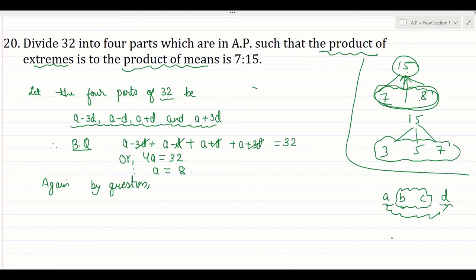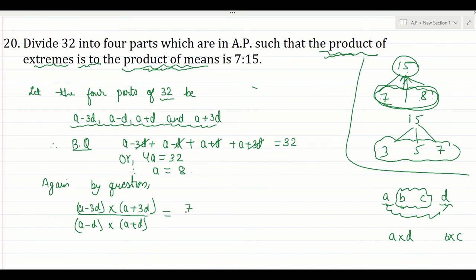So product of extremes means A into D, and product of means means B into C. So here by question, the product of extremes, that is a minus 3d into a plus 3d, is to the product of means, that is a minus d into a plus d, equal to 7 is to 15.